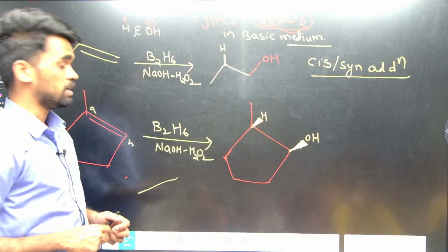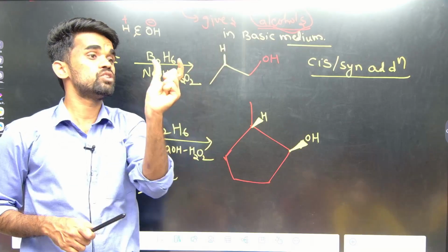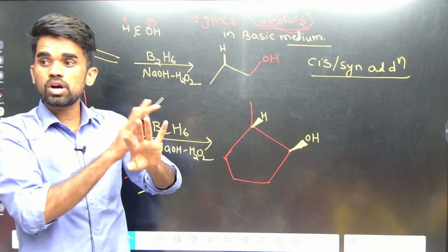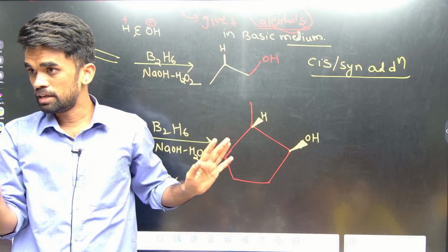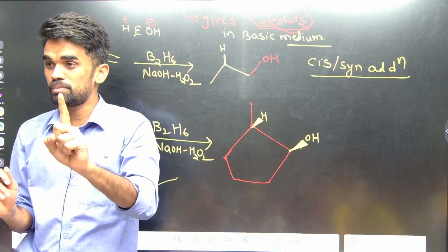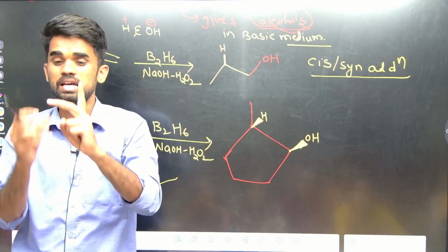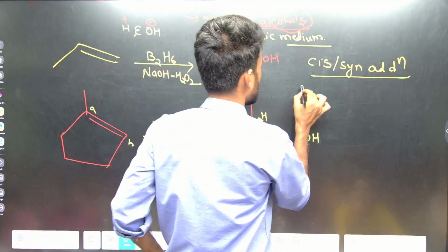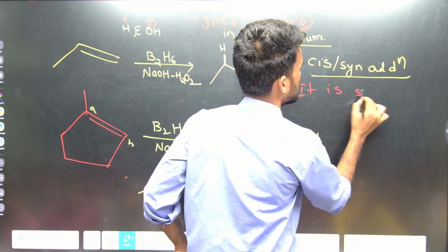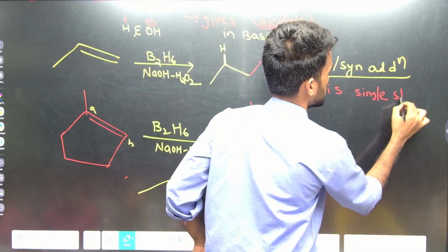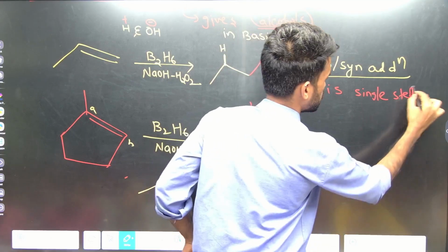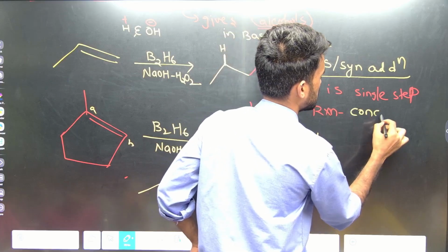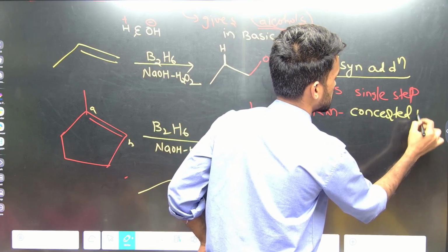Okay. Next one. In the previous reaction, we have seen the intermediate is a carbocation. Here there is no carbocation or any intermediate. It is a single step reaction. What will we see in single step reactions? Transition state will be observed. It is a single step reaction, so we can call it a concerted reaction.